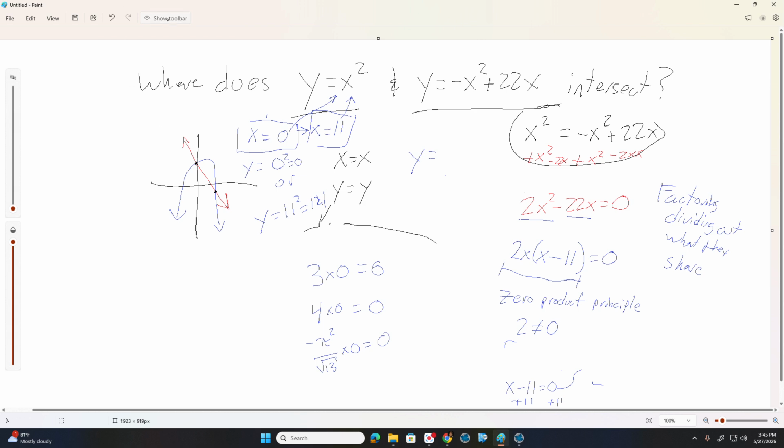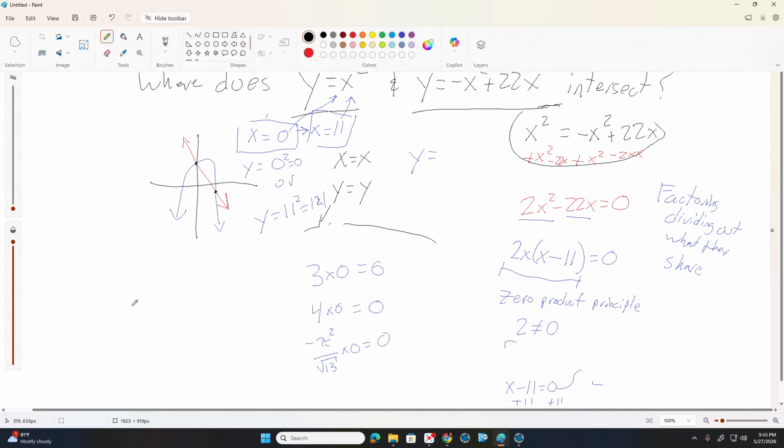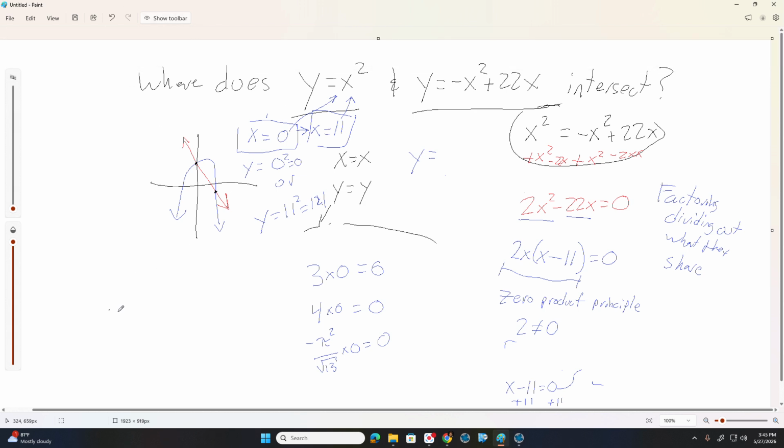Final answer. Where do y equals x squared and y equals negative x squared plus 22x intersect? I see 2 answers. I'm going to give them to you in coordinate form. I think (0, 0) and (11, 121). Those are going to be my answers.